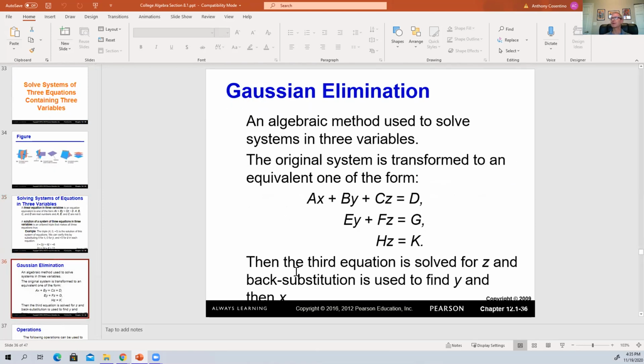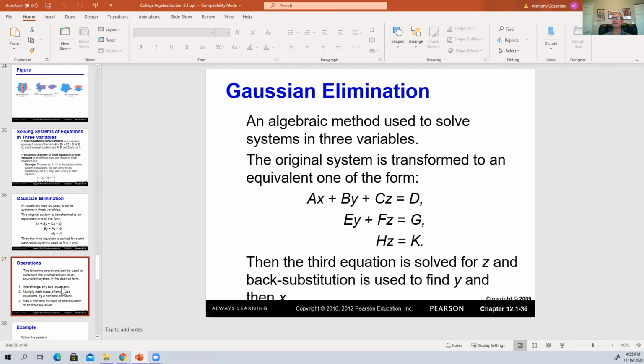The idea that we are going to be using is called Gaussian elimination. It basically is elimination, just like we talked about with two equations and two unknowns, except now, I guess the mathematician Gauss was the first one to come up with this technique, so it's named after him. The strategy is that we'll have three equations, and you want to solve one equation with one variable equals something, the next equation will be two variables equals something, and the third one will be three variables equals something.